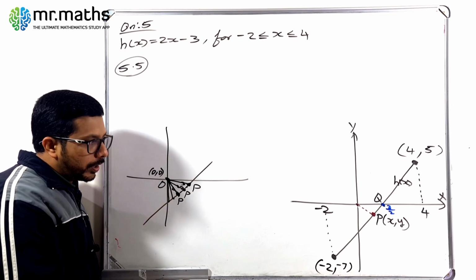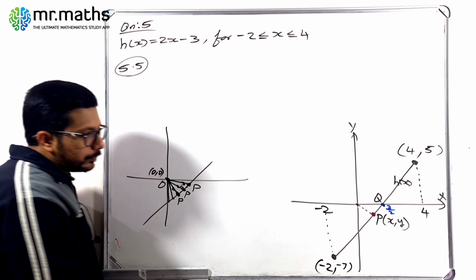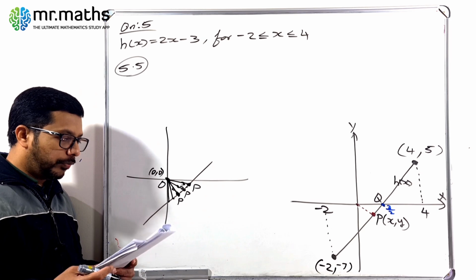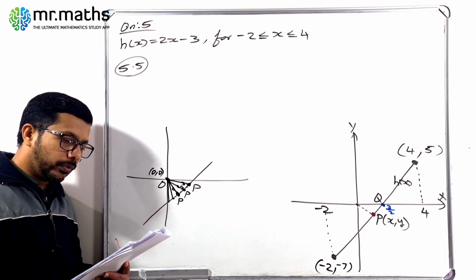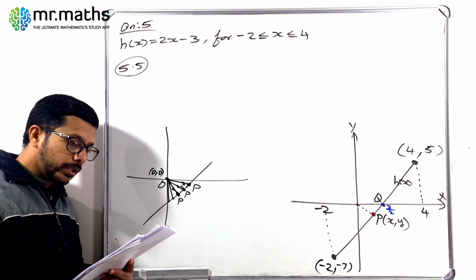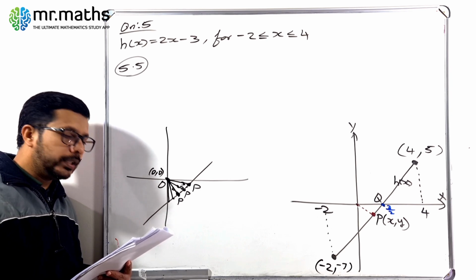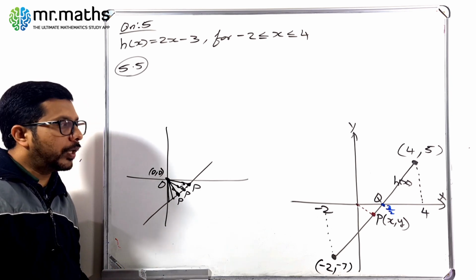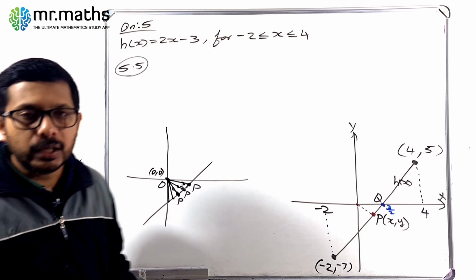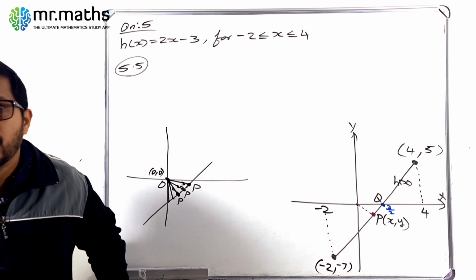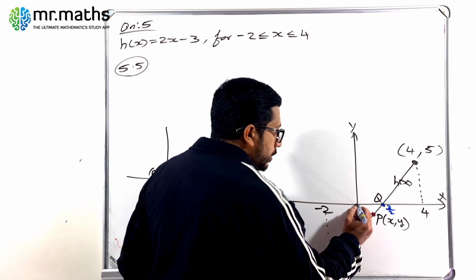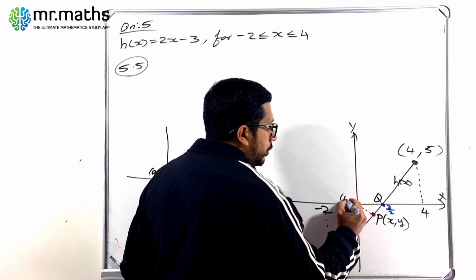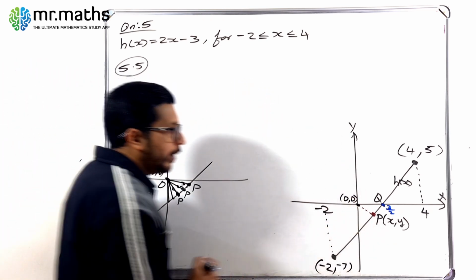Okay, so look at that question once more. 5.5, P(x, y) is the point on the graph of H that is closest to the origin. Calculate the distance OP. You have to find the distance between O and P. So this is the point O, the origin, coordinate is 0 comma 0.